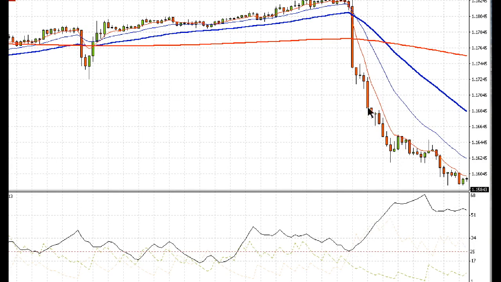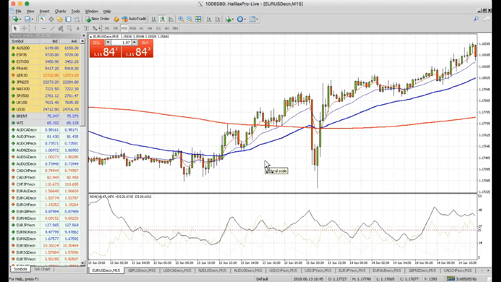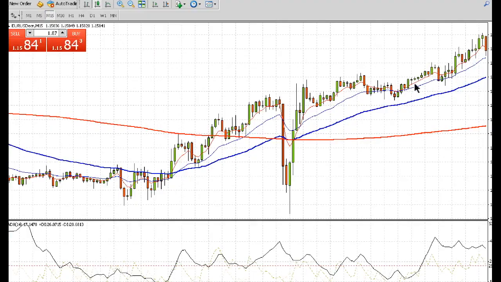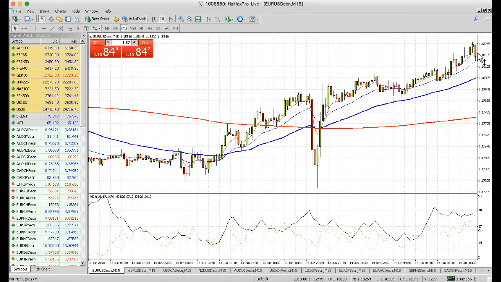So this tells you that this is a strong downtrend. At the same time, over here, the trend is going up and the ADX is above 25 as well. So it's a strong uptrend.